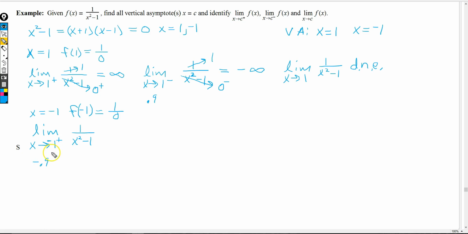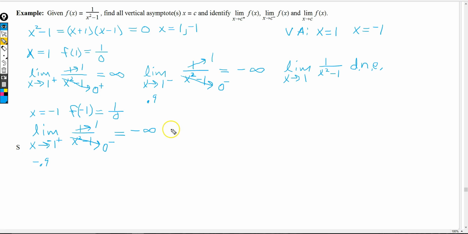It's a little bigger than -1. Then this is going to be a small negative number, because if I put -0.9 in here for x, that's going to be less than 1, so this is going to be negative. So this is approaching 0 from the left. The top is always approaching 1, and so for our limit, I'm looking at 1 divided by a very small negative number. That's going to be a very large negative number.